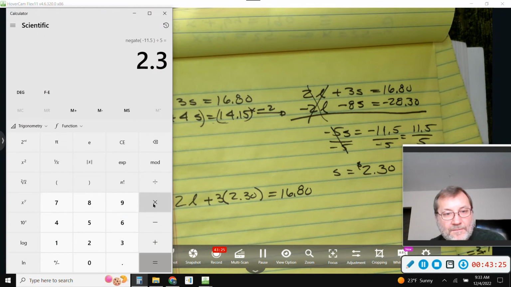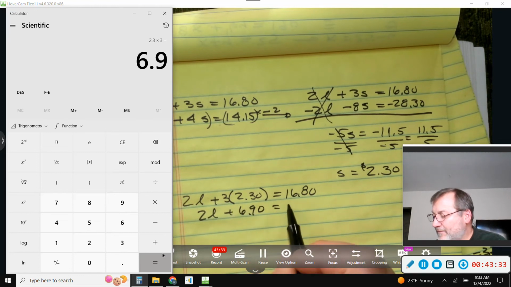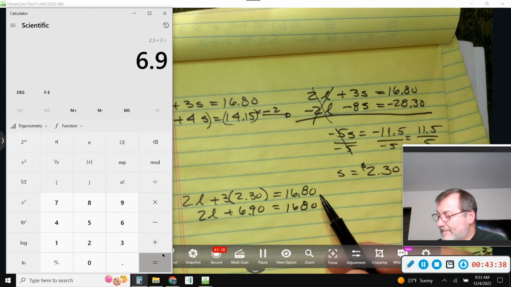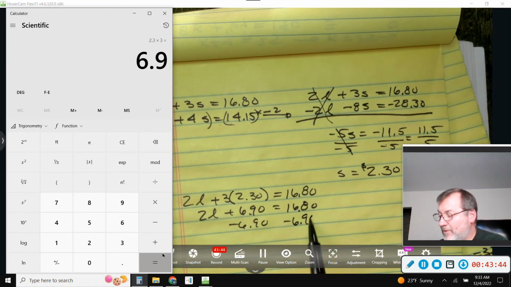There's 2.30 times 3, $6.90. 2L plus $6.90 equals 16.80. I'm going to subtract 6.9 from both sides.